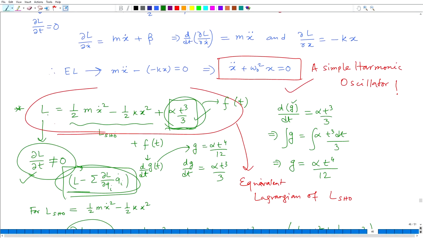Okay. Second thing also, and actually for some competitive exams these things should be done first with some caution, you check for the cyclic coordinates, and if a cyclic coordinate is present, then you know some quantity is conserved already, for example conjugate momentum. If L is not explicitly containing the time, you have another conserved quantity, that is L minus summation over ∂L/∂q_i dot times q_i dot.